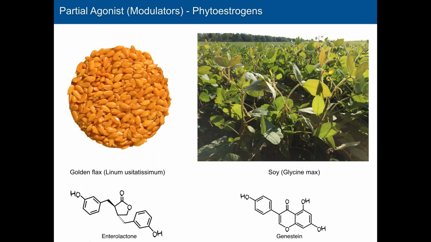If you look structurally at what's in flax seeds, the main active compound is called enterolactone, which, as an aside, gets metabolized by your gut bacteria to produce this compound that gets absorbed and has the effect.